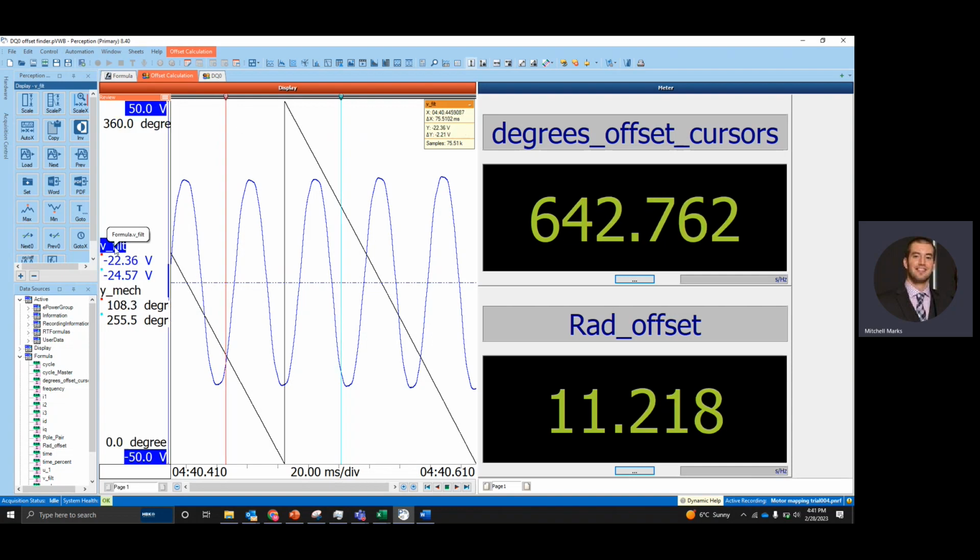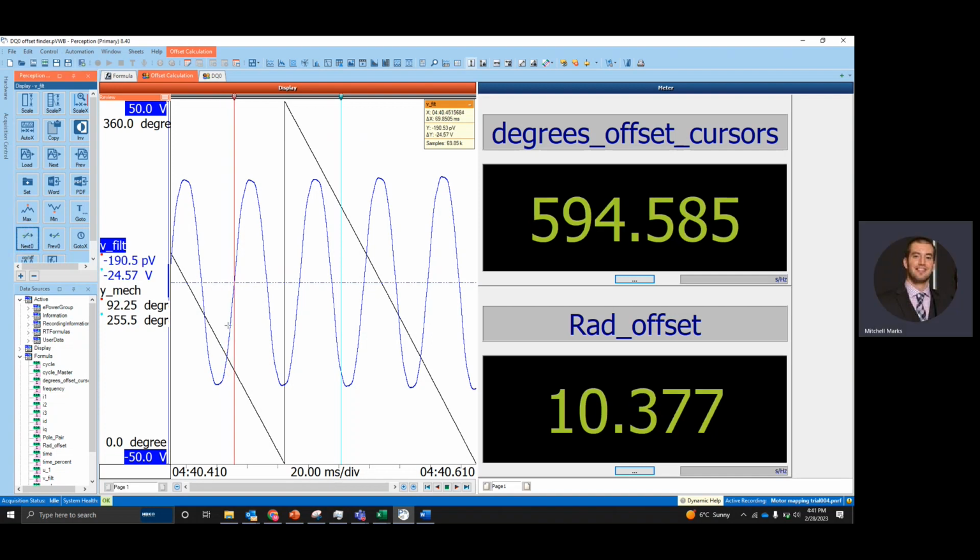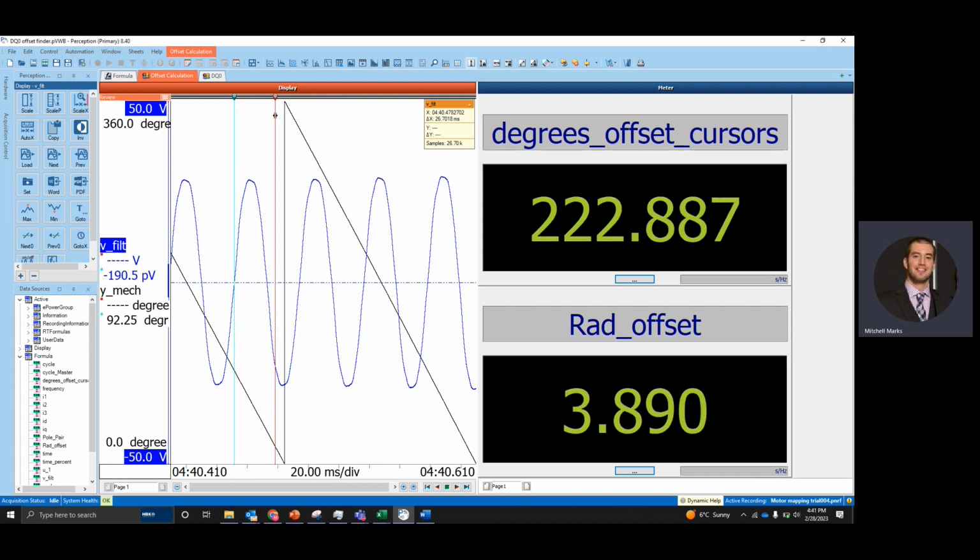So if I select my VFilt, and I select one of my cursors, and I say, all right, we go to next 0, I've identified the 0 position of my fundamental frequency. So we want that rising edge back EMF 0. I then go to my second cursor, and now I want to find my angle.